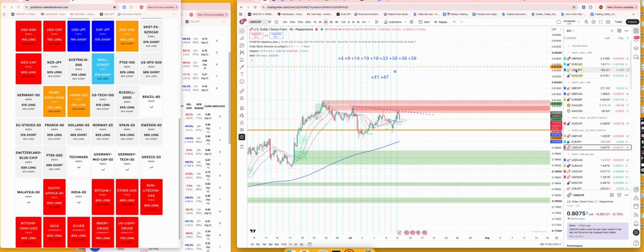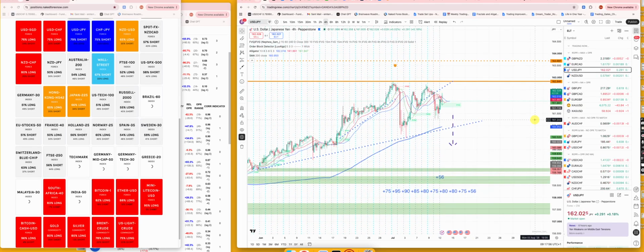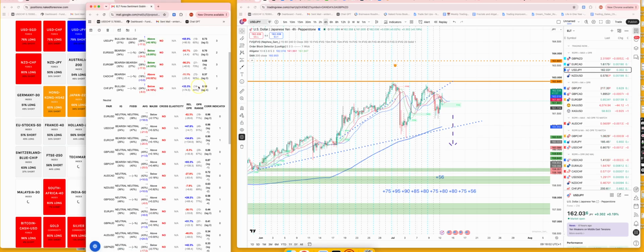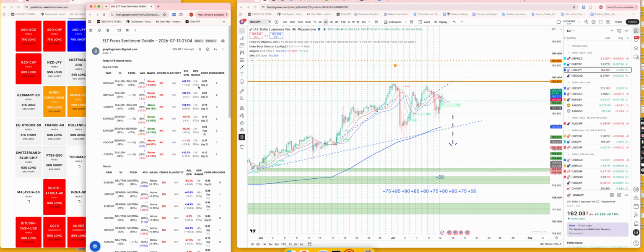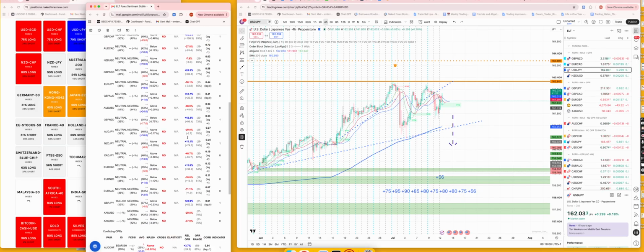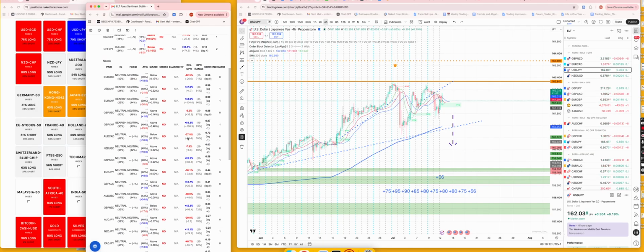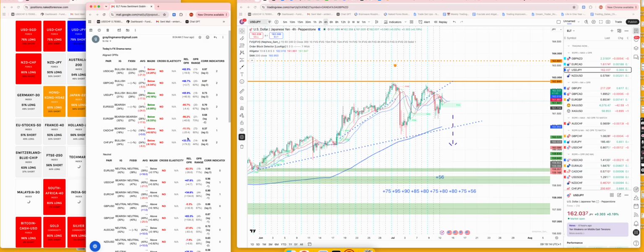The yen. What we got going on in the yen? Okay, let's have a look at our numbers. I missed it. There, plus 65. It's getting more bullish.